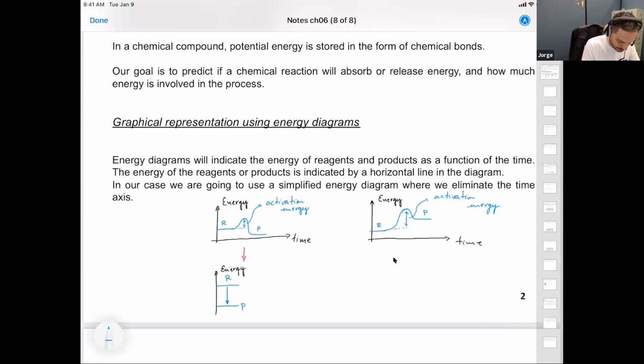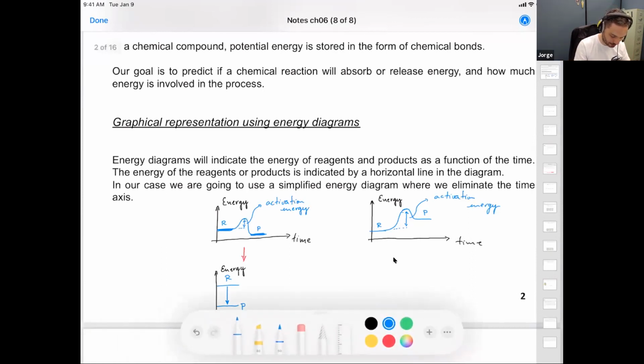Okay, so see here that I'm showing this line and this line, and they are going to be stacked. So in the first case, we saw that the energy of the reagents is higher than the energy of the products, and that's what I'm showing here in the simplified energy diagram.